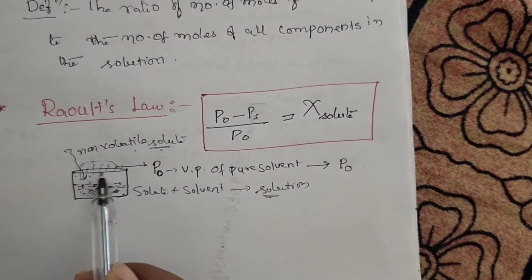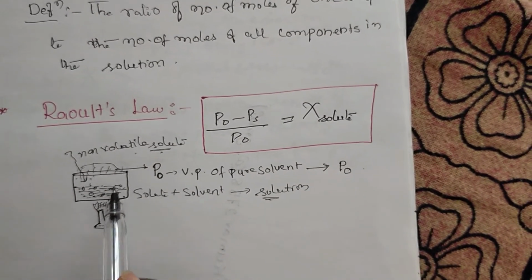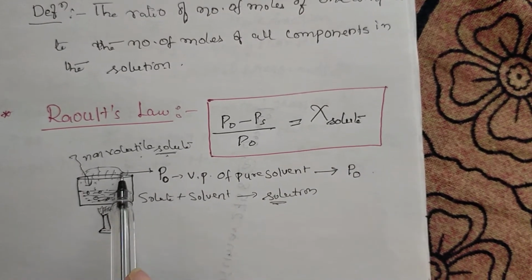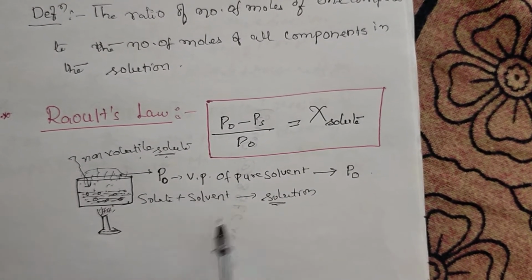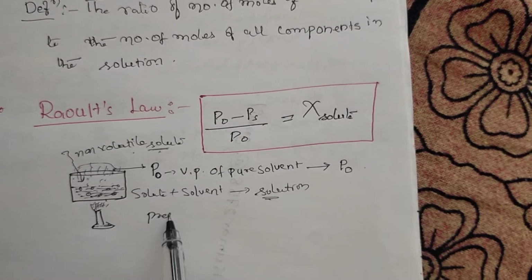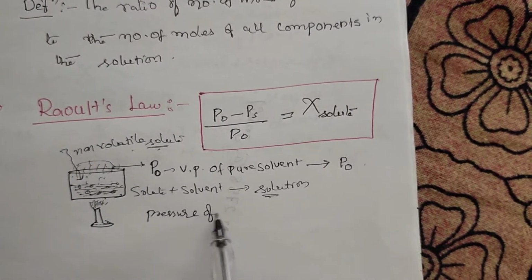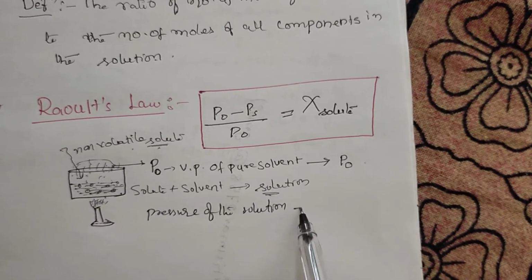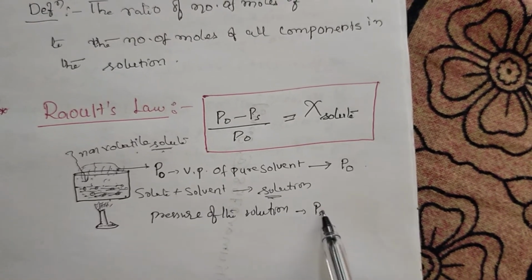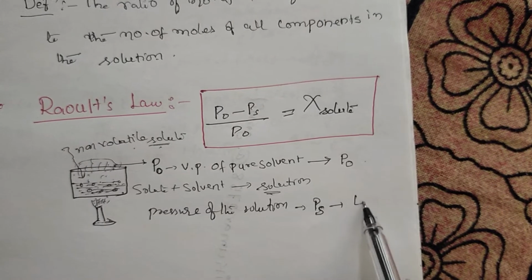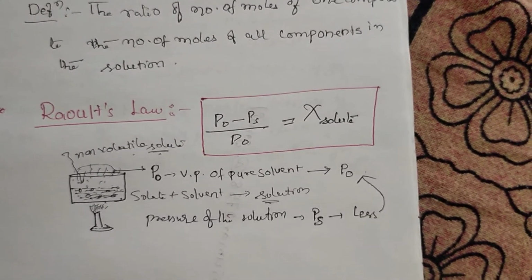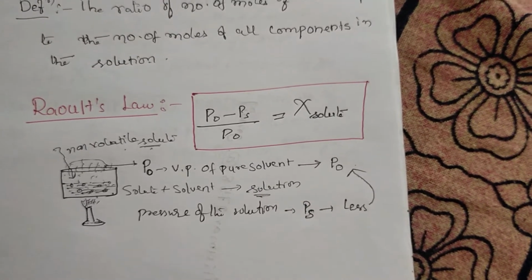It also produces some vapor, but the pressure of the solution, represented by Ps, is less as compared with P0, the vapor pressure of the pure solvent.